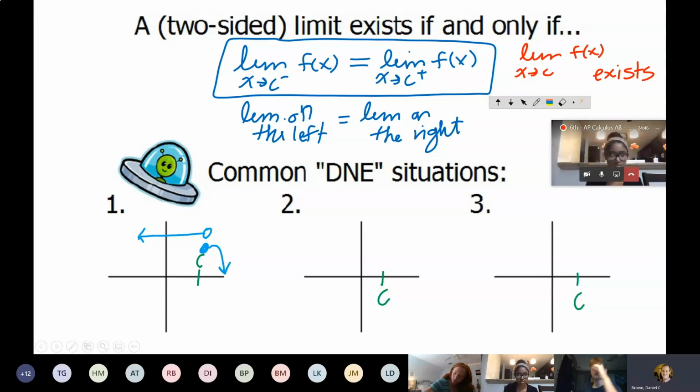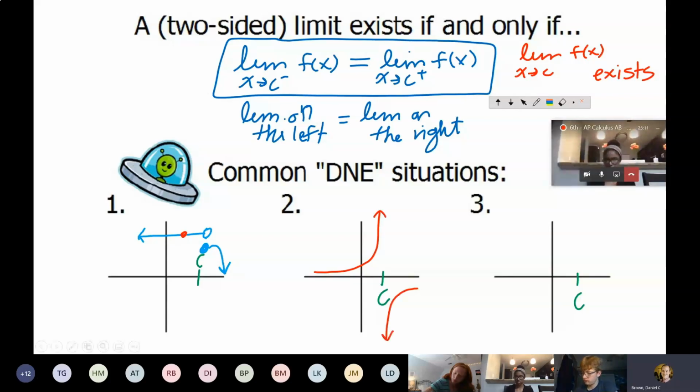To be clear, the limit only doesn't exist from both sides at c. Like if I choose any other x value, like if I just pick a point there in red, the limit does exist because the left and the right hand side matches. So just at c is what we're talking about in this case. You can also have a very obvious example, like a vertical asymptote.